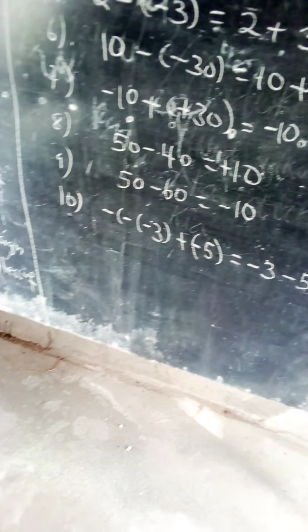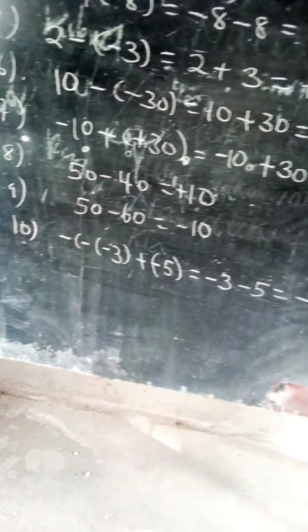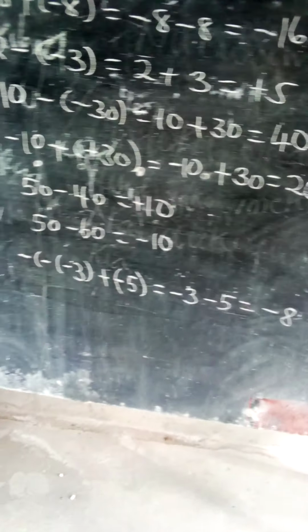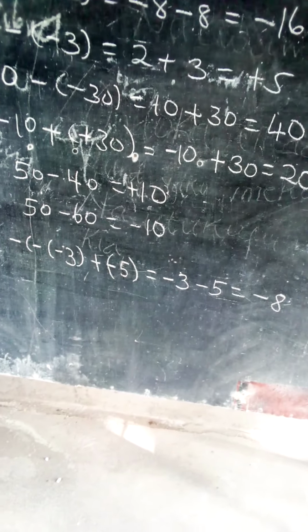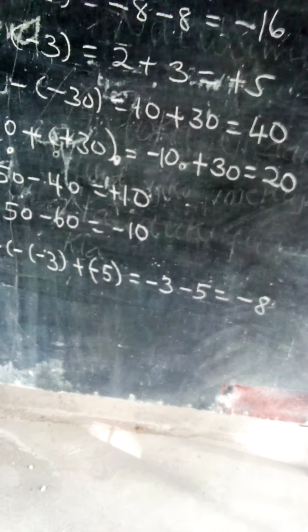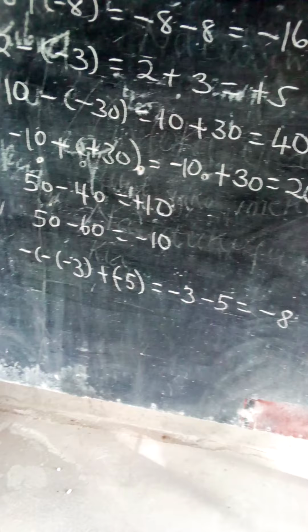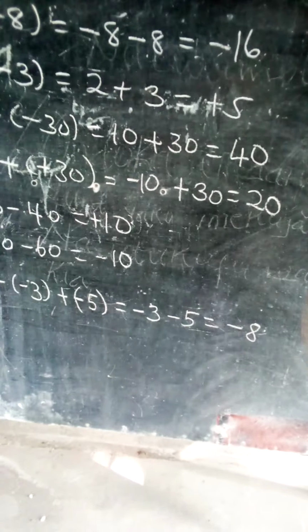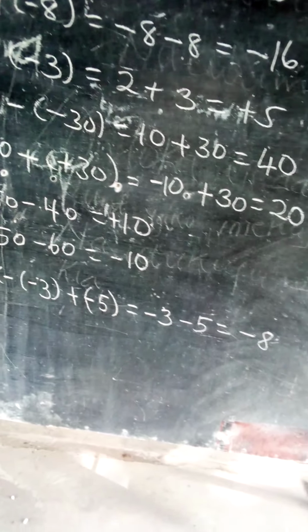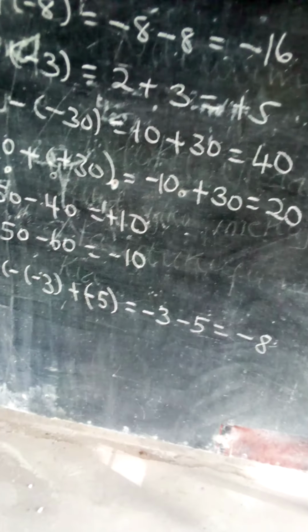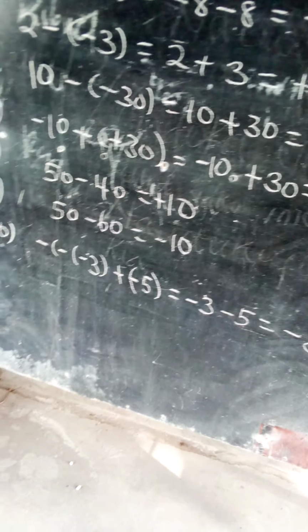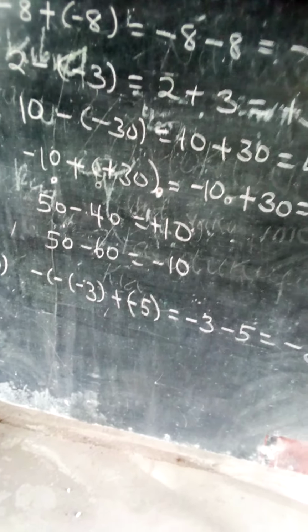Then after having that problem for a long time, I sat down and discussed the way I can make this understood. So I ended up taking these rules, which I have written there.